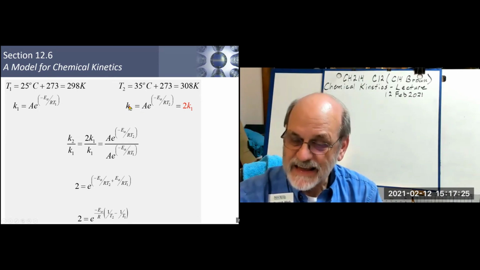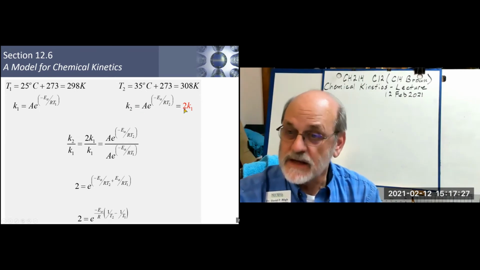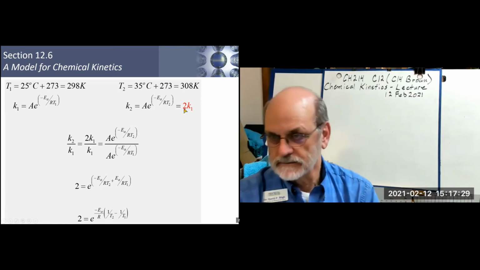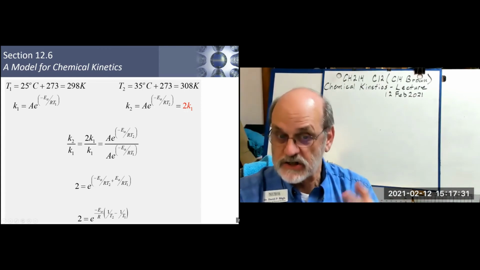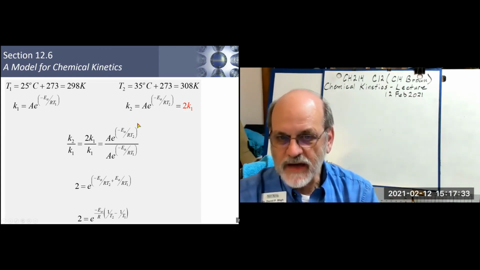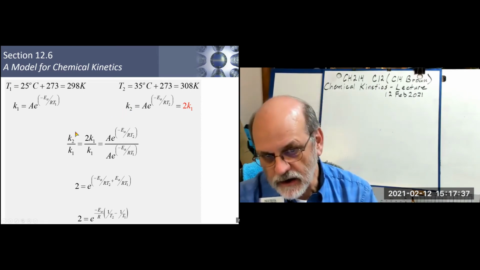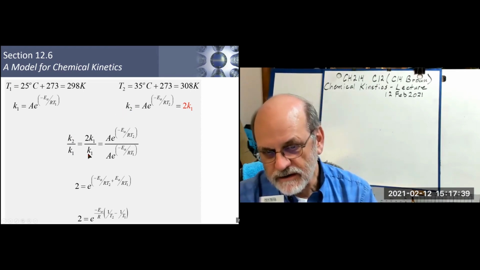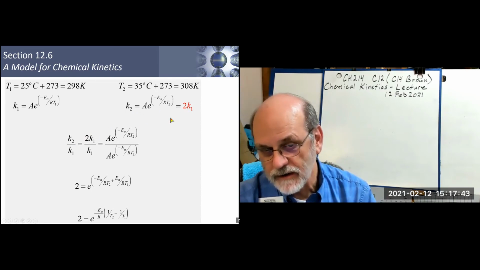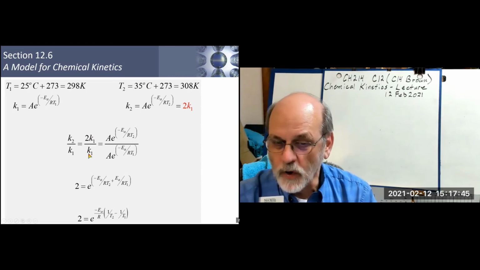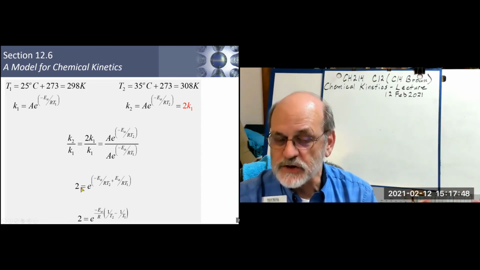But that K, the second K, is equal to twice the first K, right? That's the initial condition. So that means if you take the ratio of this K to that K here, then you get this one, because we substitute 2K for K2 right here. Then the K1s go out, and it just becomes 2.